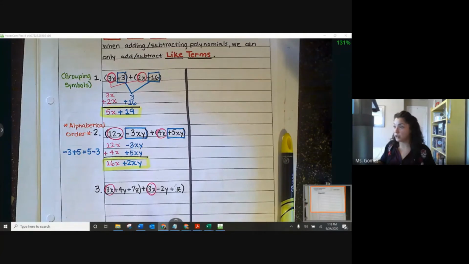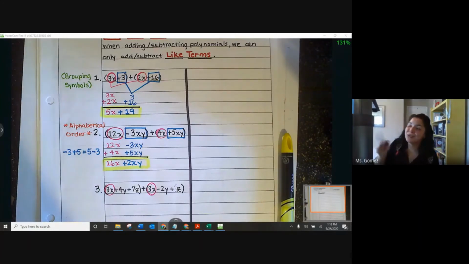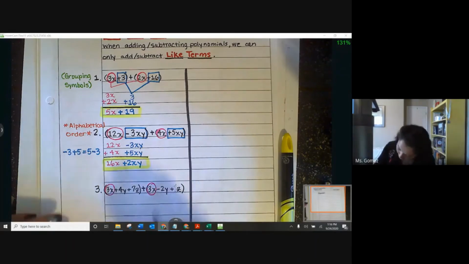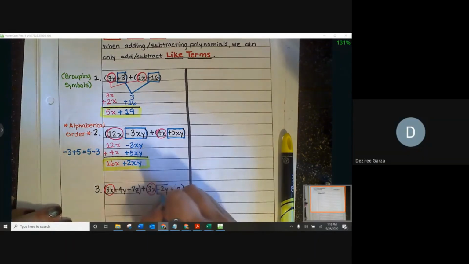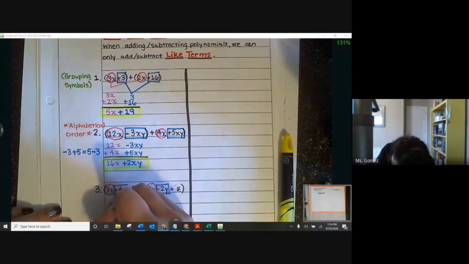You guys ready to move on to a blue box? What do I put? Ooh, 4y and 2y. Can you be a little bit more specific? Negative 2y. And what kind of 4y is that? Positive. Positive. There we go.